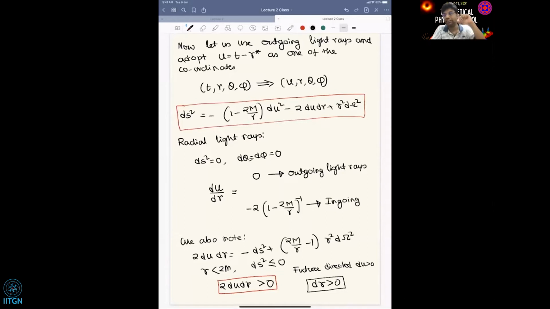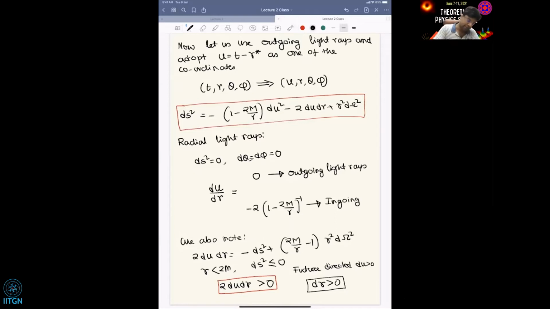That means all non-space-like curves must have decreasing radius. You cannot come out by increasing the radius through a non-space-like curve. Here it's totally opposite. It says once you are at r less than 2m, you have to increase your radius if you want to move on a non-space-like curve.